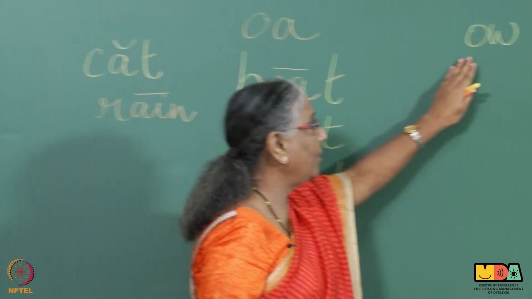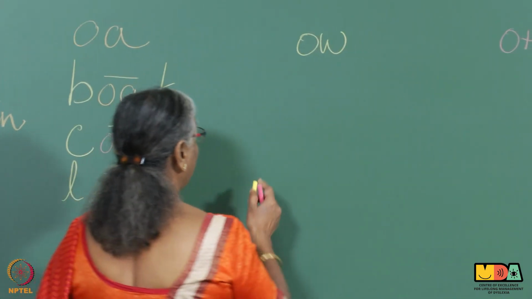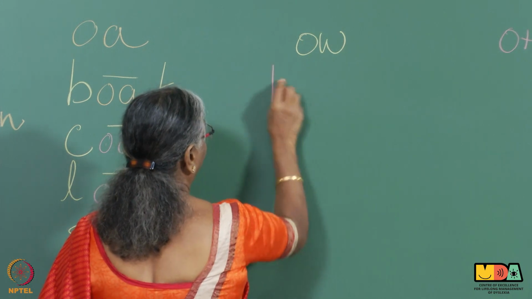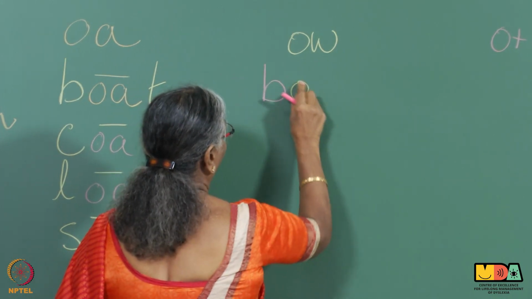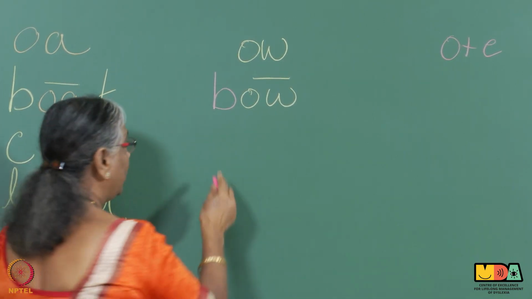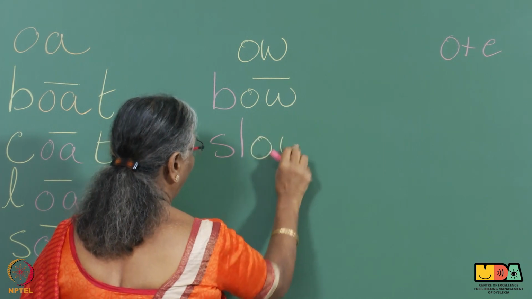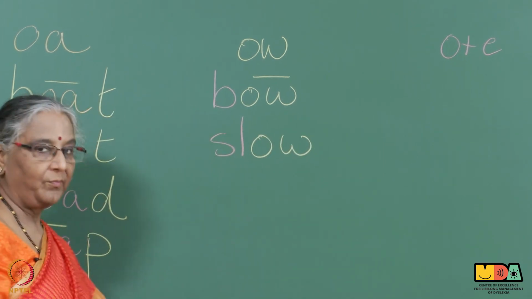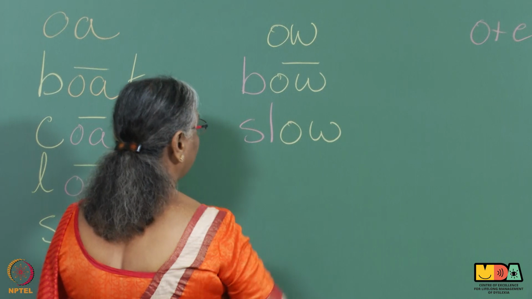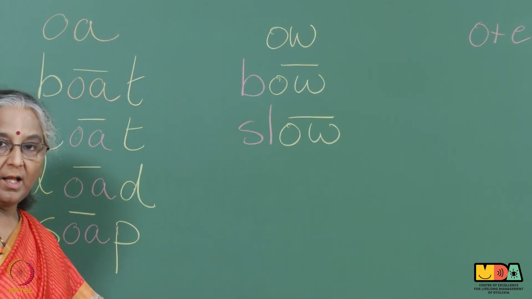Now, OW comes at the end of the word, like for instance, in the word bow, in the word slow, you find that O here comes at the end of the word.